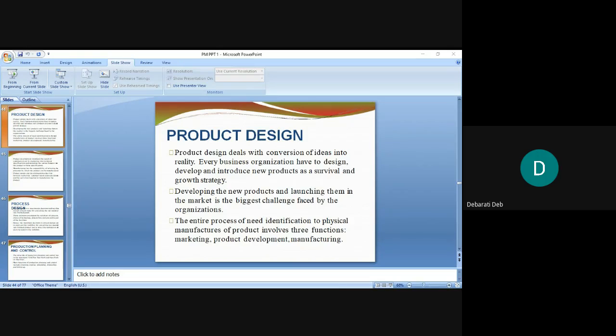So designing a product is not easy at all. Then after designing, these three functions have to be covered precisely, so that the perfect designing and perfect launching of the product can happen in the market. So marketing, product development, and manufacturing, these three functions have to be wisely taken care of by the manufacturing department so that the perfect product gets launched in the market.